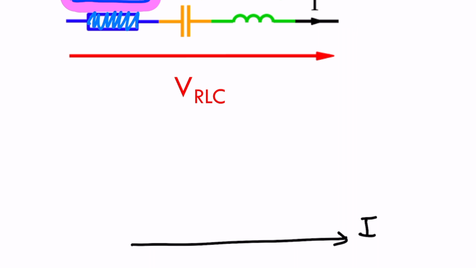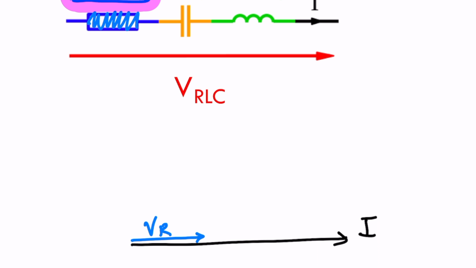The voltage drop in this resistive element: I know that a resistor is in phase with the current, so whatever is the current will be the same for all of these three elements because they are in series. So whatever is the current, the voltage will also be in this direction.